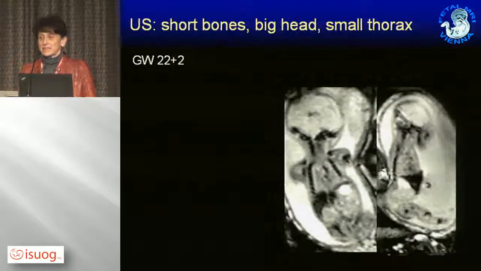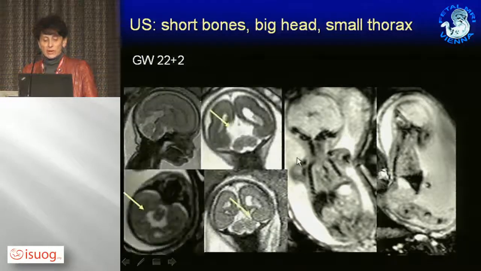Okay, next case. Such cases were, of course, already shown by Gustavo in ultrasound: short bones, big head, small thorax, and you see in gestation week 23 gyri and sulci that don't belong here.